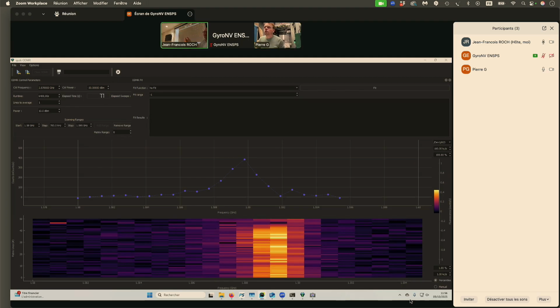So somehow we are back now to the situation that Léa showed you before, apart from two main features that were not in the experiment before. We have a way really to polarize the nuclear spin.